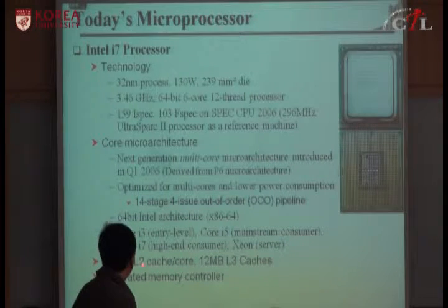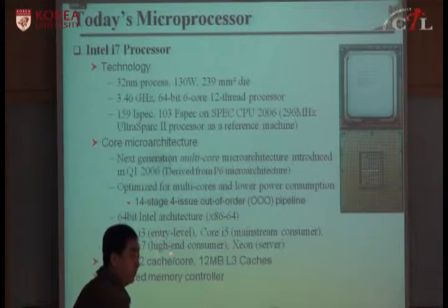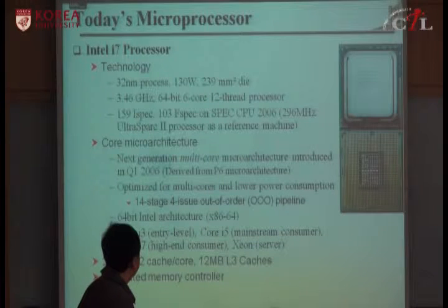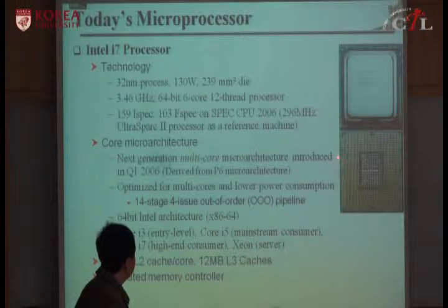For each core, it has a 256 kilobyte L2 cache. This is per core, so for 6 cores, you have to multiply by 6 for the total L2 size, and they can have off-chip up to 12 megabyte L3 caches, and they integrate the memory controller on chip.